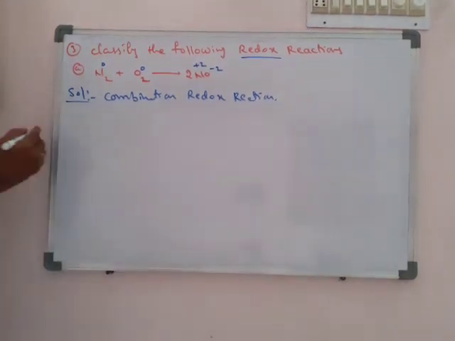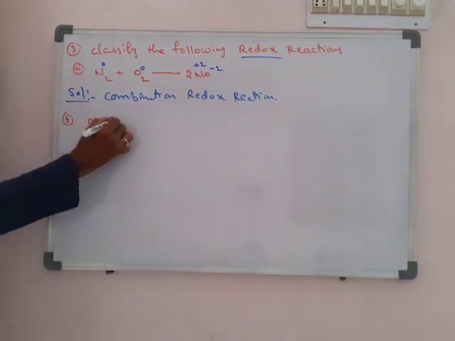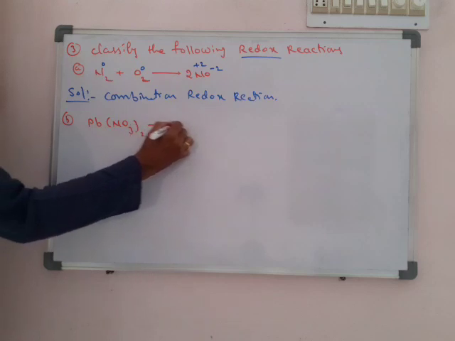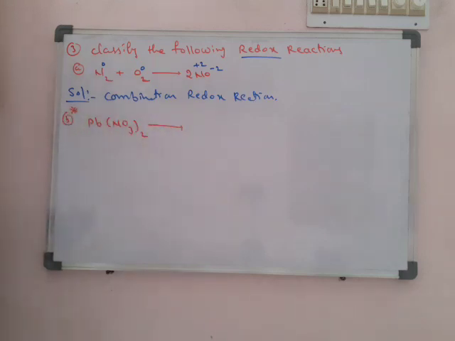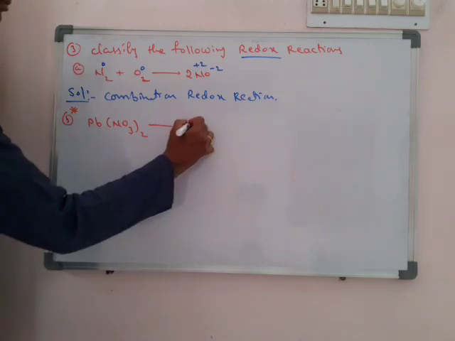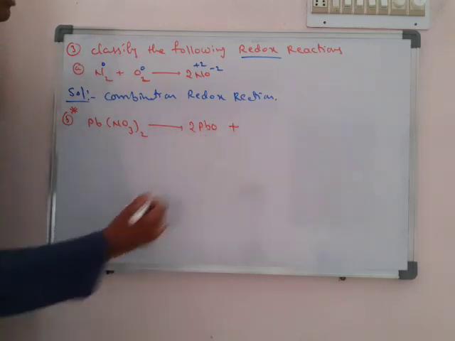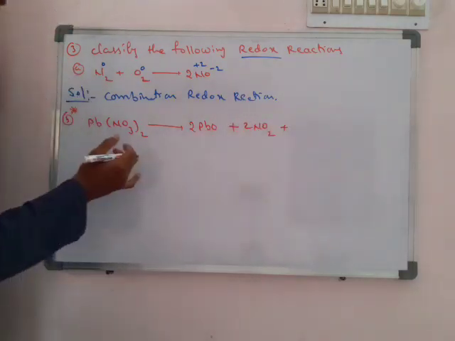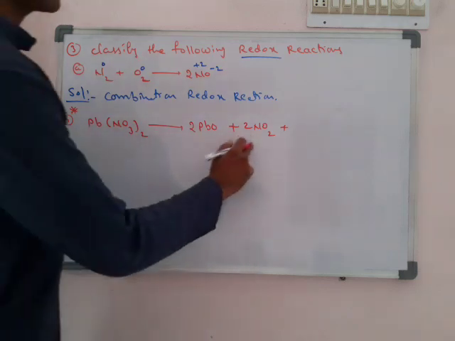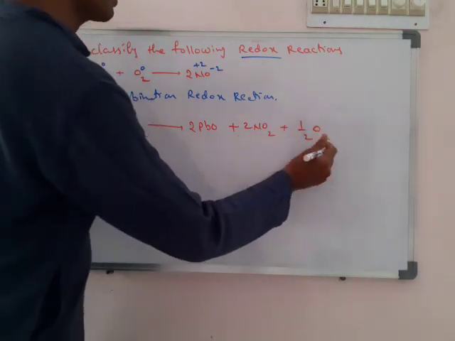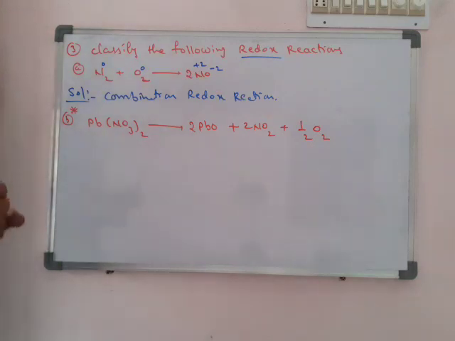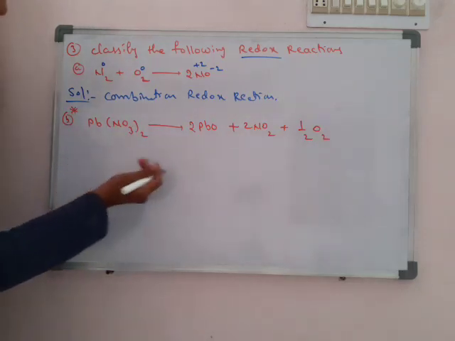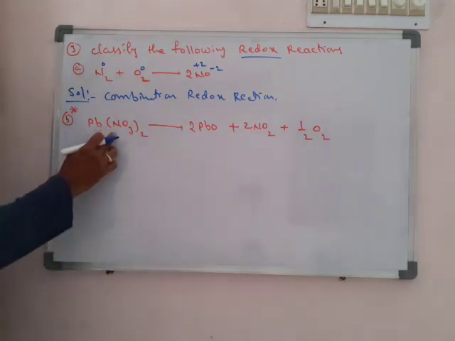Combination redox reaction. Simple. Let's see the second one. Lead nitrate. Actually, it's a very important reaction in future classes. We need to remember as an answer the decomposition of lead nitrate, and we have to remember that NO2 gas and oxygen gas are released. Here it is also a redox reaction, and the oxidation number of nitrogen is different.